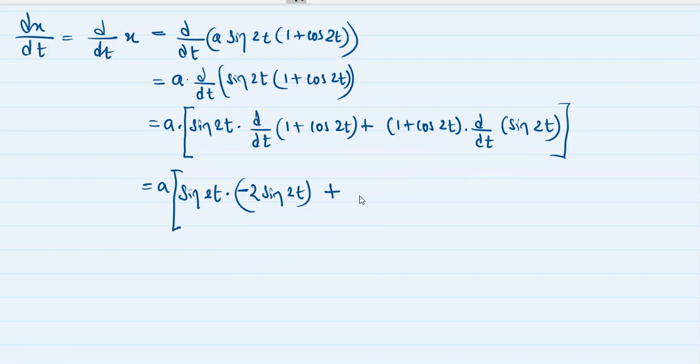Let's see what we get over here. So here we have 1 plus cos 2t multiplied by d by dt of sine 2t, which is cos 2t multiplied by d by dt of 2t, which is 2. So we have got 2 cos 2t.